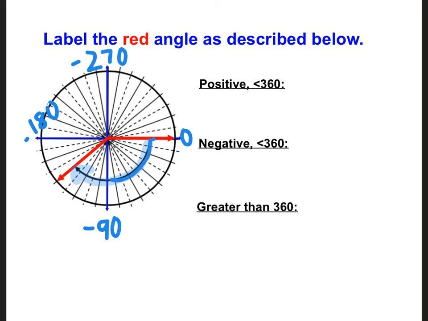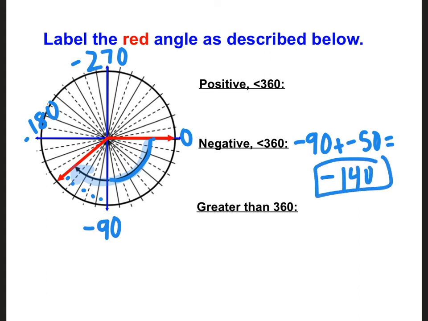Notice that it goes down to negative 90, and then it's 10, 20, 30, 40, 50 more. So if you go negative 90, you have negative 100, negative 110, negative 120, negative 130, negative 140. If you want to add those, you would do negative 90 plus negative 50. Just make sure your numbers are negative when you stop. So negative 90 plus negative 50 gives me negative 140.